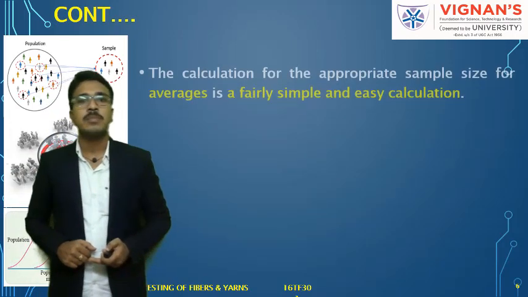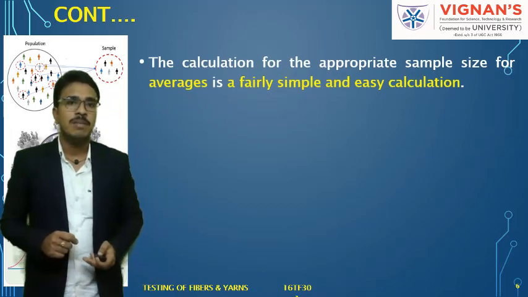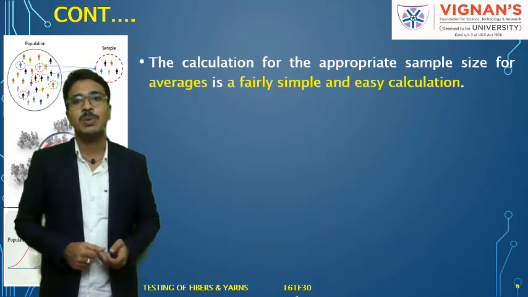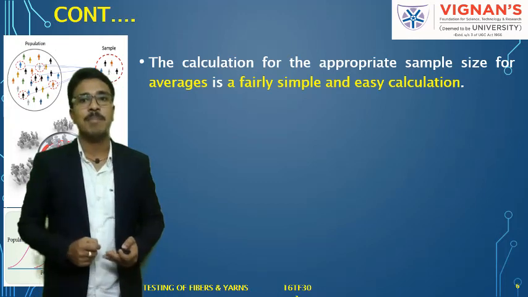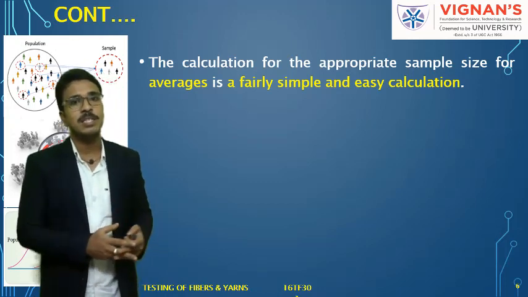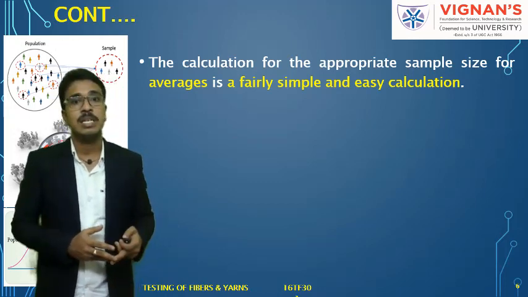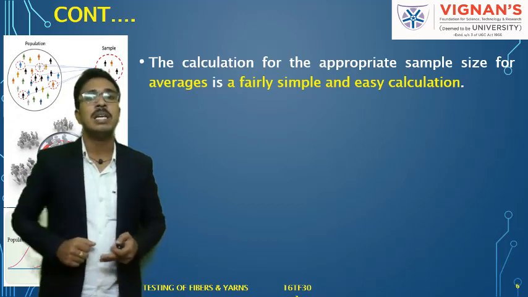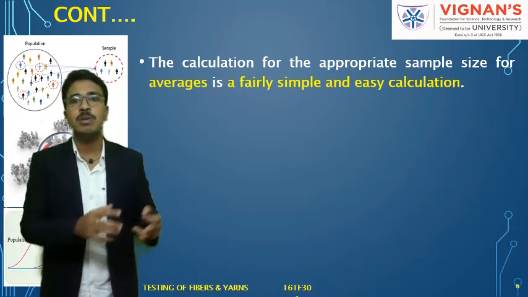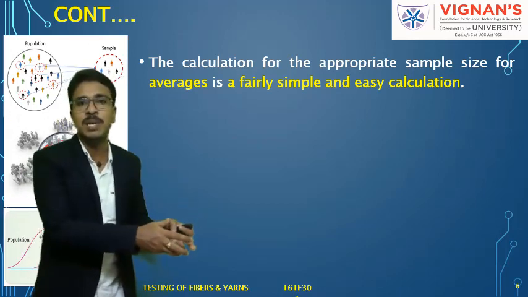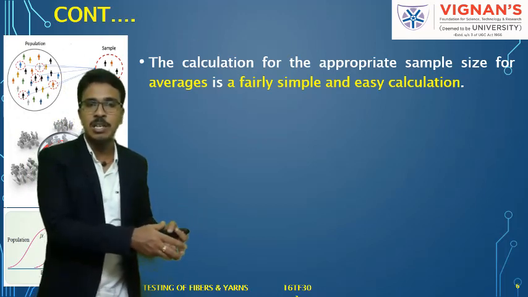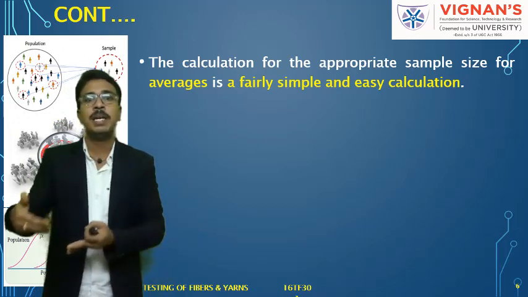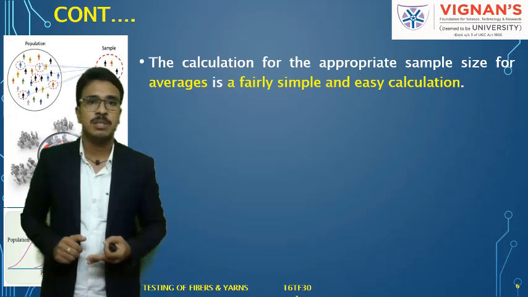Now, the calculations we are doing for the appropriate sample size for averages are fairly simple and easy. We test this many samples so that the test results will meet the process average. Understand?